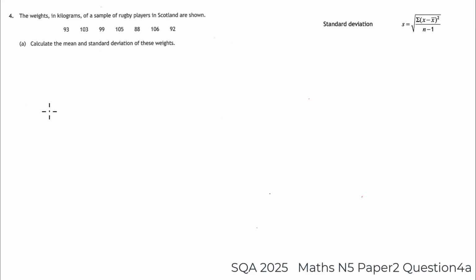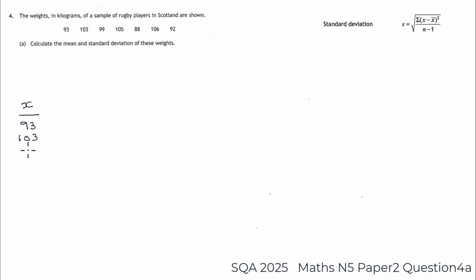So we're going to arrange this. We must show our working in a case like this. We'll arrange this in table form. So the first column will be headed by X, and we'll transfer these weights into a column.